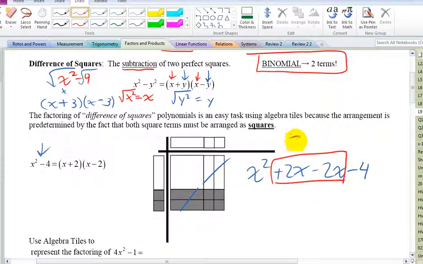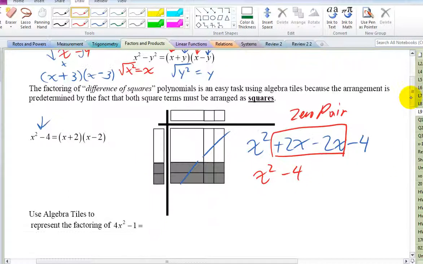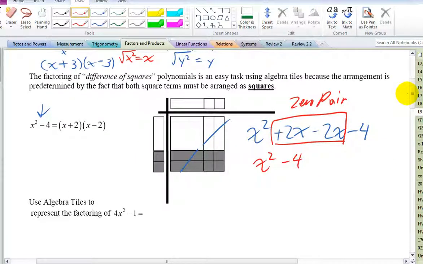So that's a 0 pair. And that's why we go from a normal trinomial to a simple binomial. Okay. So again, if we have x squared and we square root it, you get the answer to the front. If you have square root 4, the answer to the back.